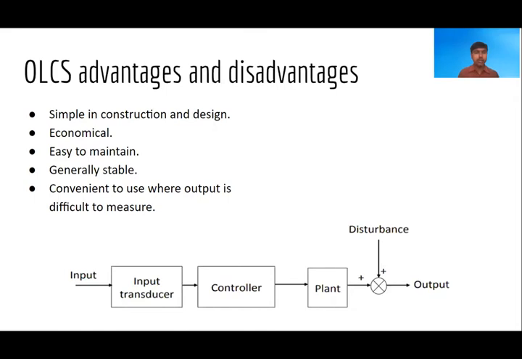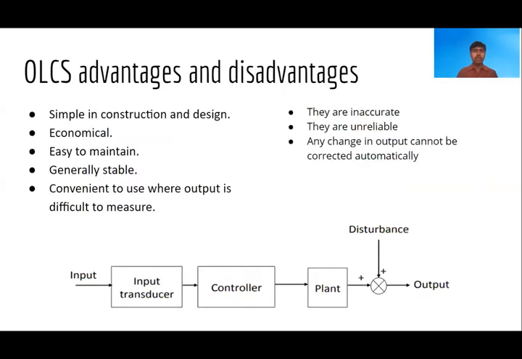It is also very convenient to use where the output is difficult to measure. There is no need for maintenance where the output need not be monitored continuously. Then the open loop control system is preferred. Then what are the disadvantages of these systems?